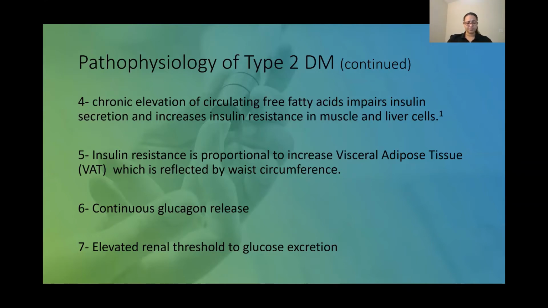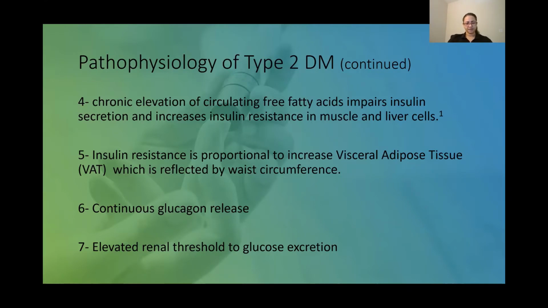Now, an increase in the visceral adipose tissue stimulates the production of tumor necrosis factor alpha, interleukin 6, angiotensinogen, plasminogen activator inhibitor I, and resistin. Now, those hormones contribute to increasing the insulin resistance by the cells, and they also elevate blood pressure and increase coagulability of the blood.